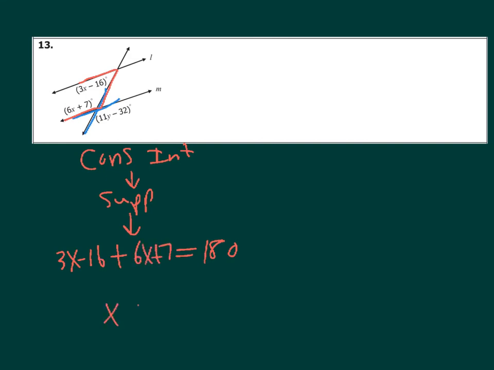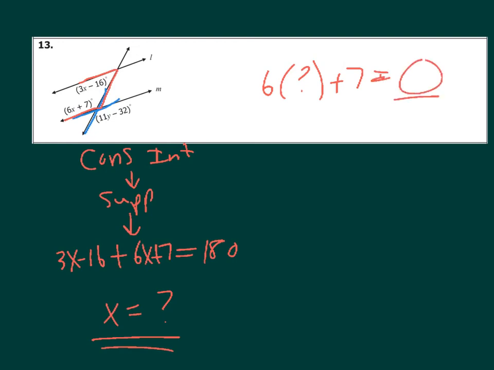Okay, you finish that and get the x value. Then when you're done, I want you to get that x value and substitute it in and get the value for this angle. Once you get this angle, it's going to be some number. That number is going to be part of how we solve for y.